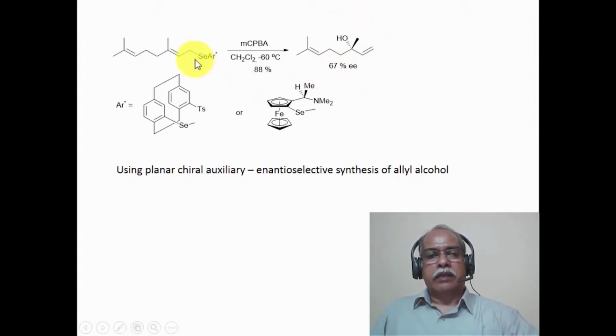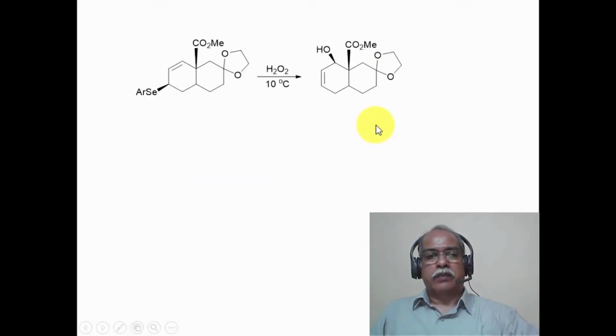In this case, rearrangement is very specific to only this allylic position, not to this double bond here, resulting in the formation of the terminal allyl alcohol in this particular case. So the planar chiral auxiliaries, the 2,2-paracyclophane derivative or the ferrocene derivative, are used for chiral induction in this particular instance of rearrangement.